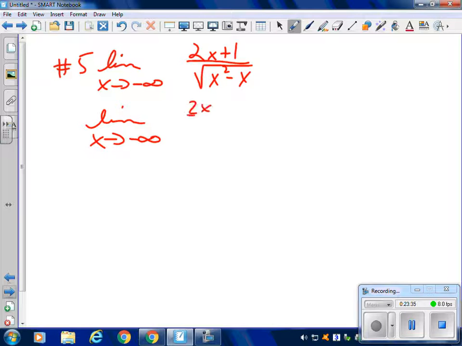So I'm going to put x under each one. Now inside my radical, in order to put x inside the radical, I've got to think about what it was when it came out, because to go back in, you've got to square it back.